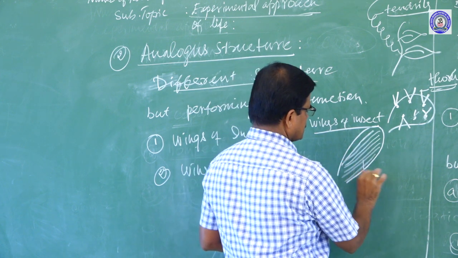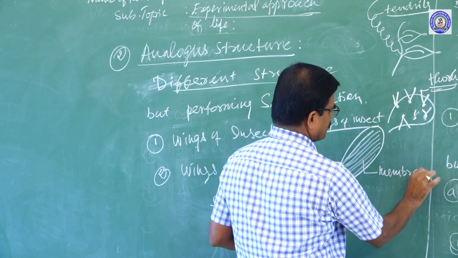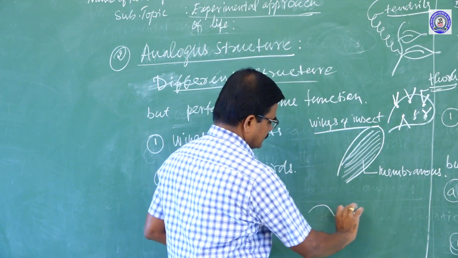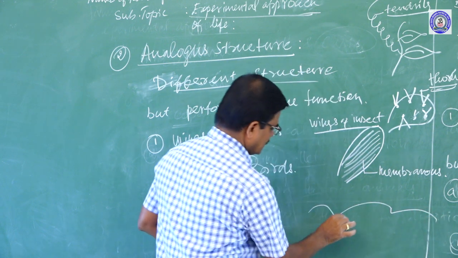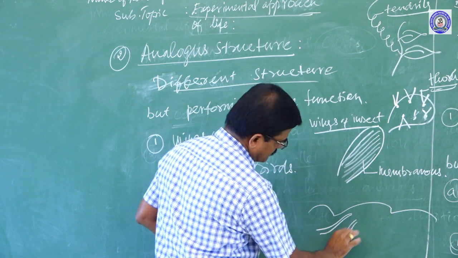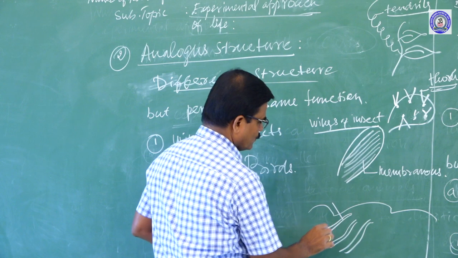This is membranous. Then the bird's wing contains radius and ulna bones.